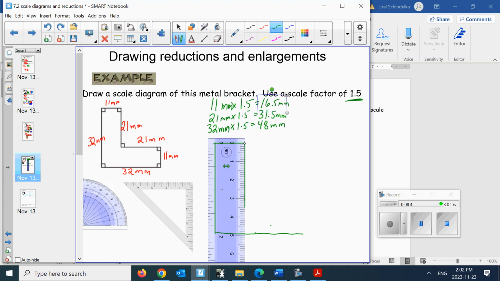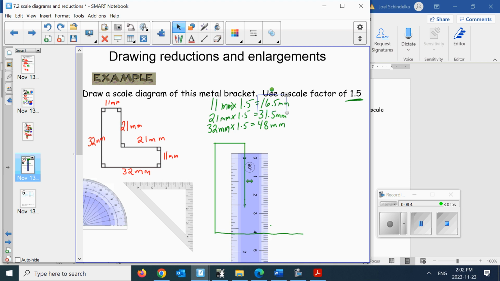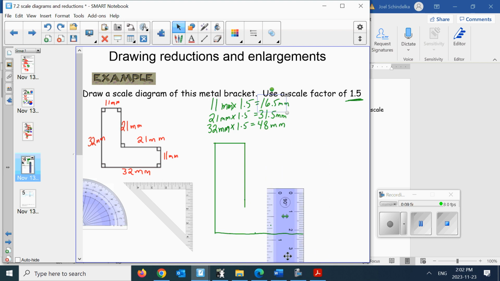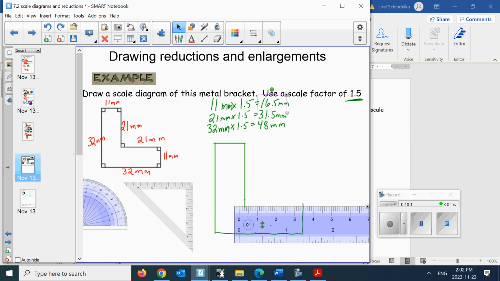Since I have my ruler flipped, I'm going to do my 16.5 like the last two, and they should be lined up.